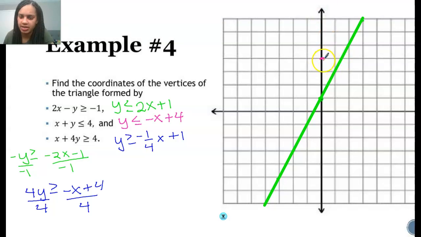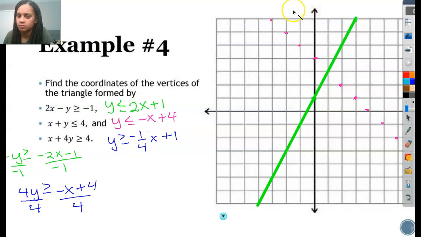And my slope is negative 1, down 1, right 1, and up and left. So let's go ahead and do that one solid. So it looks like I actually found one of the vertices, and it's going to be shaded below.